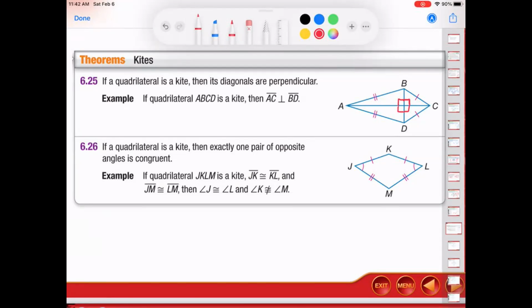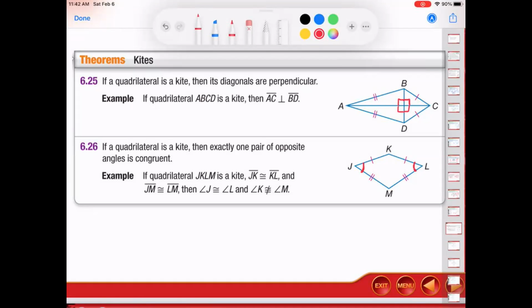Next theorem is if a quadrilateral is a kite, then exactly one pair of opposite angles is congruent. Only one pair. One pair of opposite angles is congruent. And that would be the angle that is between the two different side lengths. So the angle between the congruent sides on each end, that's never going to be the same.